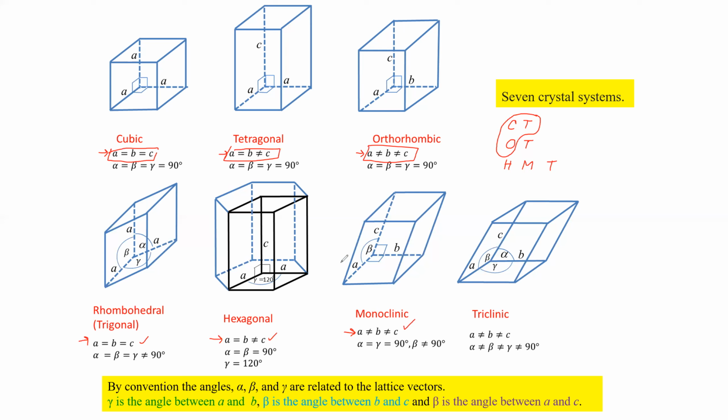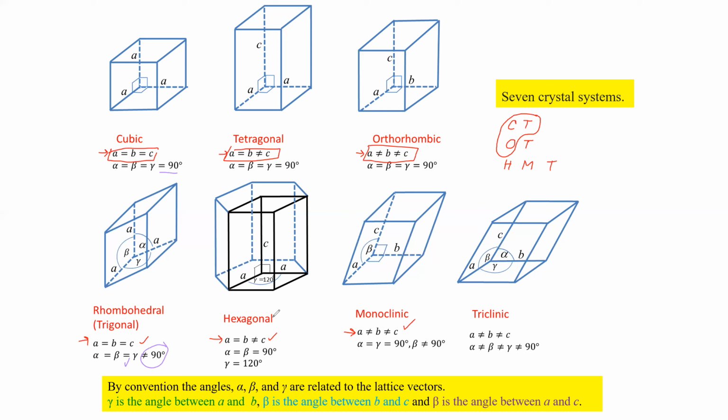Now let's take a look one by one. For trigonal, A is the same as B, is the same as C, so this is AAA. And all these angles are the same as well, but not 90 degrees. So it's the opposite of cubic: this is 90 degrees, here it's not 90 degrees.